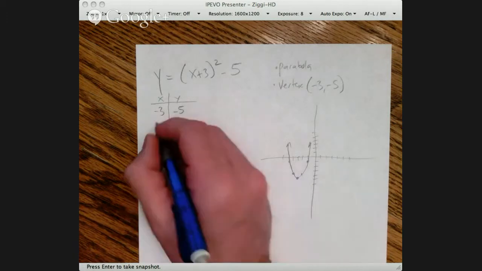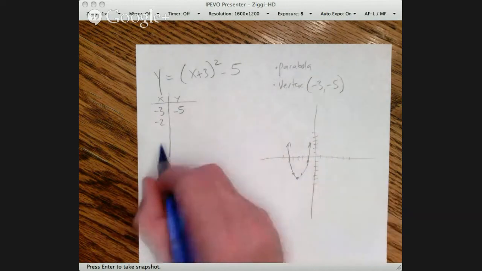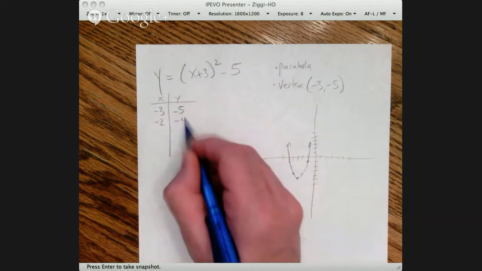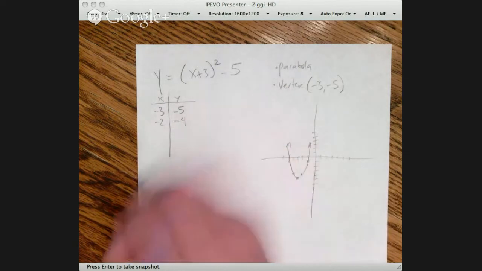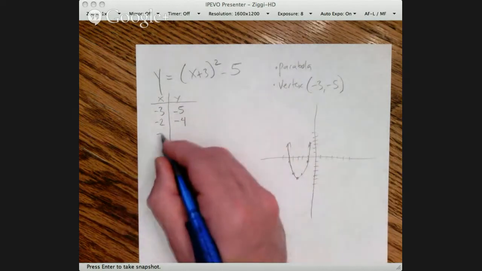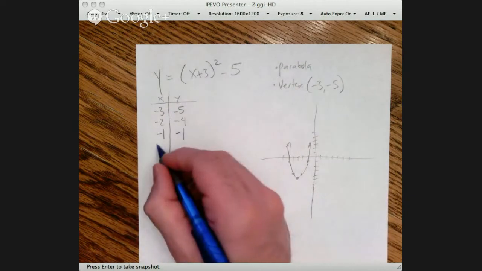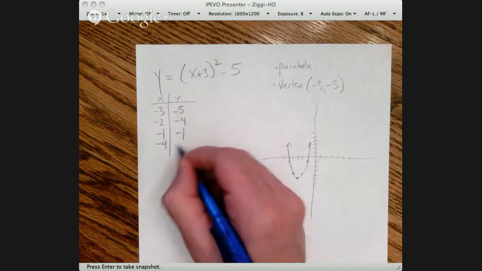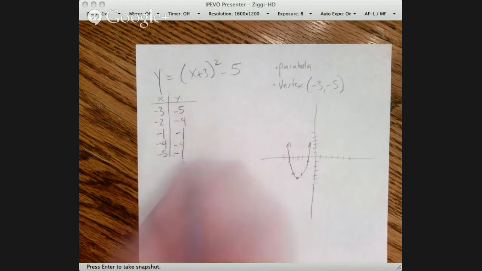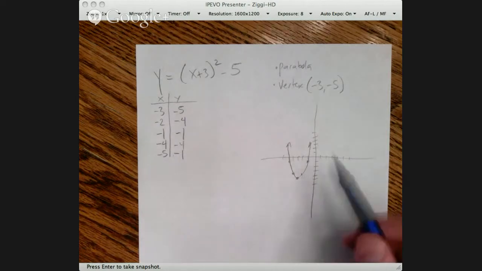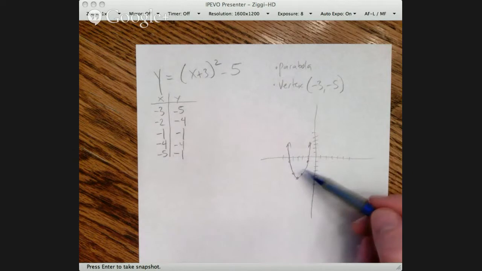When I plug in -2, I get -4. If I plug in -1, I get -1. If I plug in -4, I get -4. And if I plug in -5, I get -1. The reason I'm plugging them this way is I'm just keeping track of some points that I got when I did this graph.